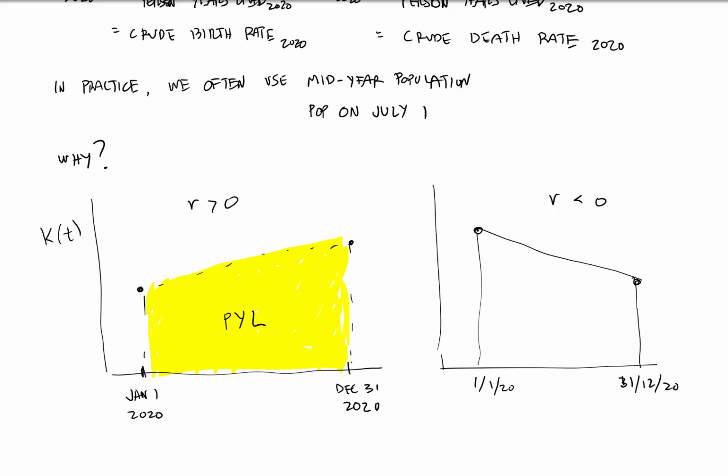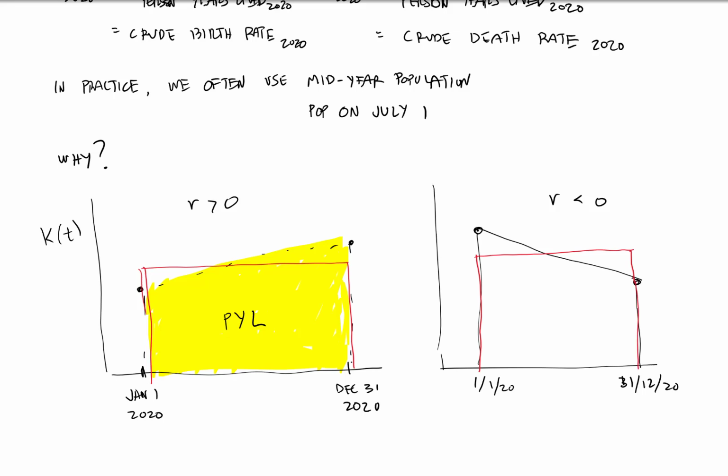How can we approximate that? Well, if this were close to linear, we could approximate that by a rectangle. And that rectangle looks something like this. The same thing would occur here if the population growth rate was negative and the population was decreasing.